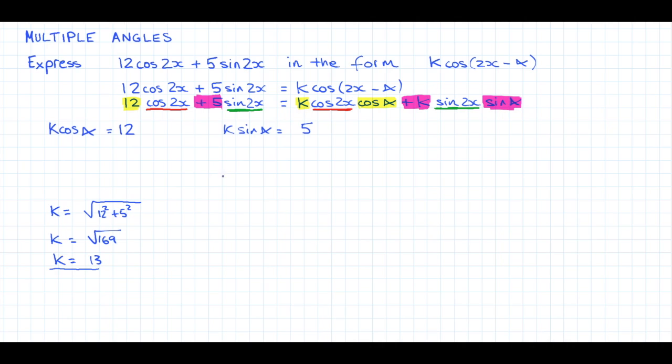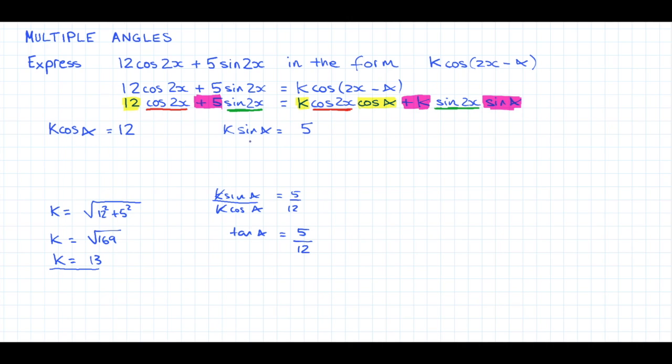The next thing we have to do is to turn our attention to finding alpha. So k sin alpha over k cos alpha is equal to 5 over 12. Now in exactly the same way, I'm going to cross these off, that equals tan alpha. So tan alpha is equal to 5 over 12. Now we know it's in the first quadrant, they are all positive.